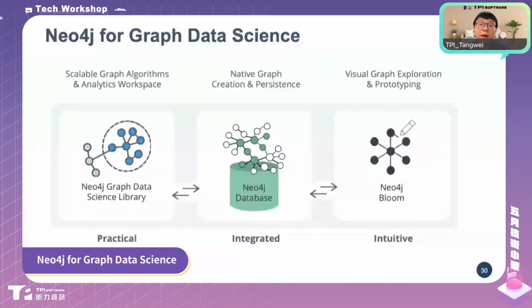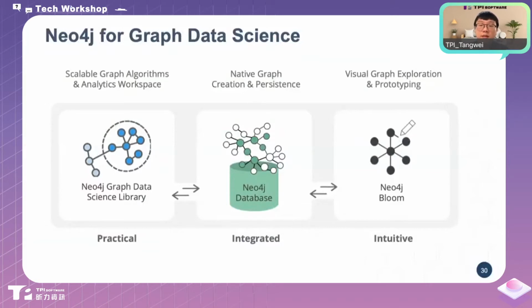When we talk about Neo4j for graph data science, at the heart of the ecosystem is the graph database, right? That hosts your graph data in a graph shape. And it's a native graph and it's persistent. So you can query it, you can update it, but let's integrate it into a bigger ecosystem of other tools.